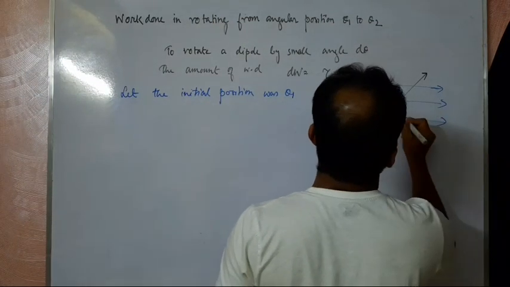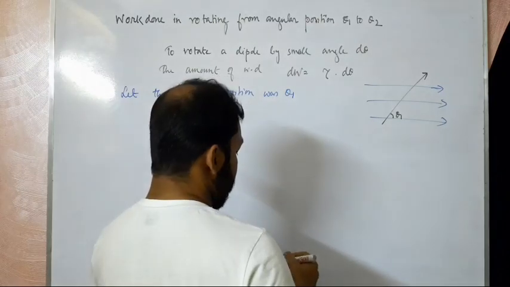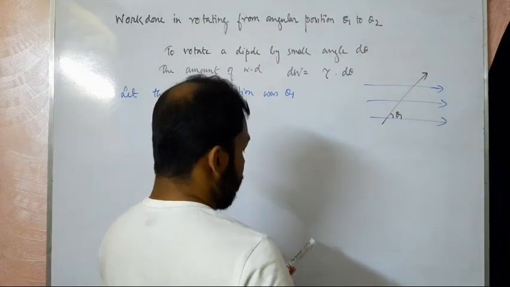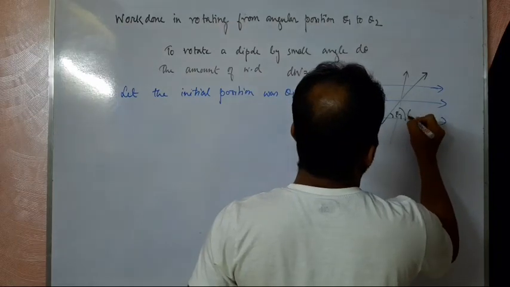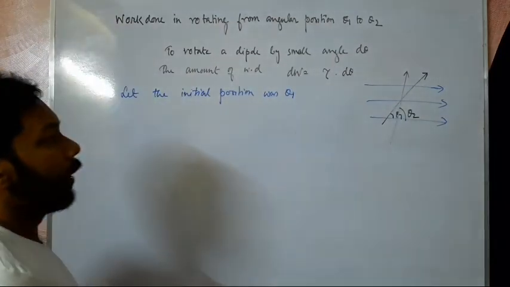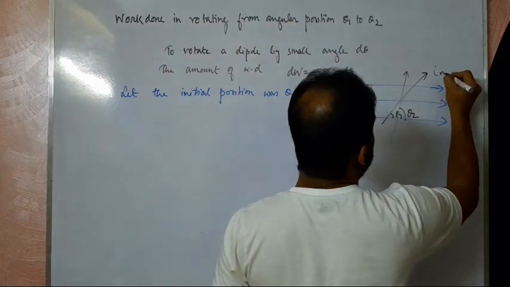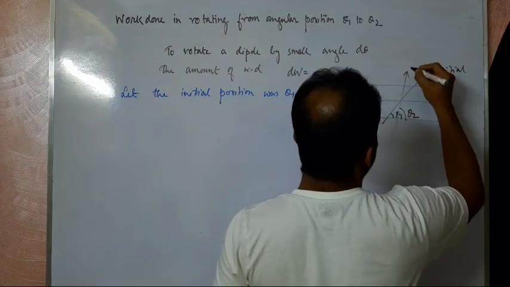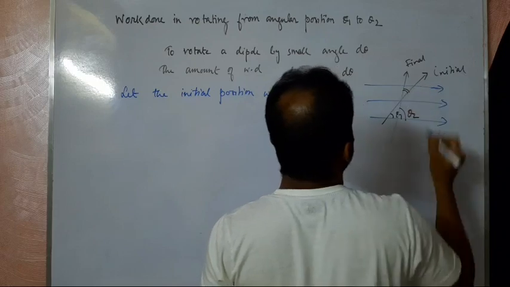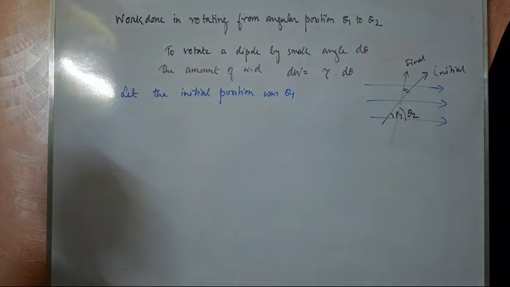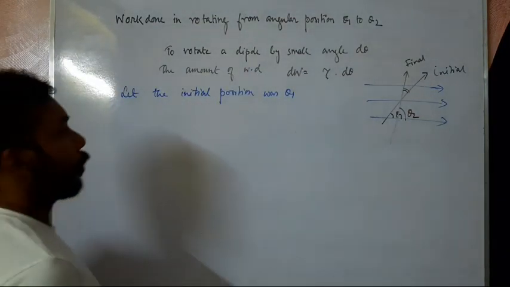Say this is θ1, and then it is rotated to another angle. So this angle is θ2. This is the initial angle, the initial position. This is the final position. This is the amount of total rotation of the dipole.